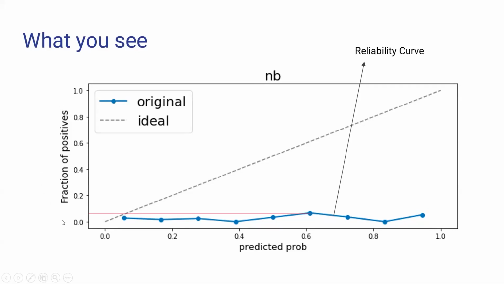The fraction of positives is just close to 0.1. So the binning score you are taking out of the given data point is very low. Your model is not at all confident enough to provide you an accurate result. This is called a reliability curve.